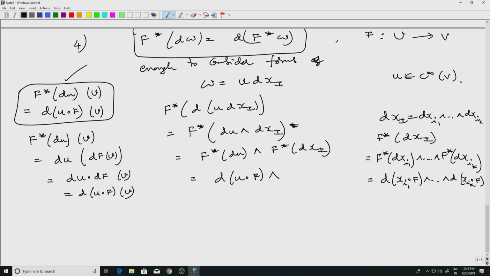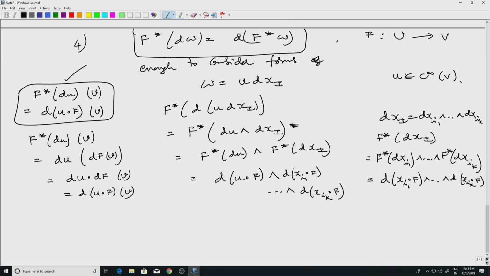So what I end up with is d of u composed with f wedge dxi1 composed with f dot dot dot dxik composed with f. So this is the left hand side. Now let's show that the right hand side leads to exactly the same expression.